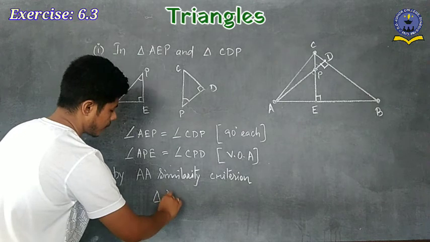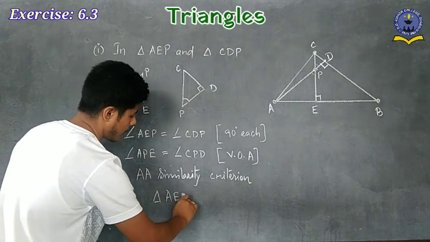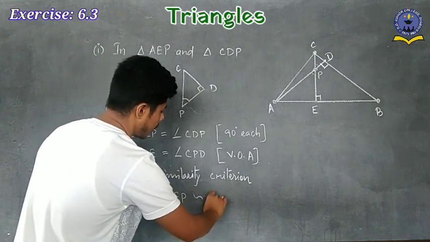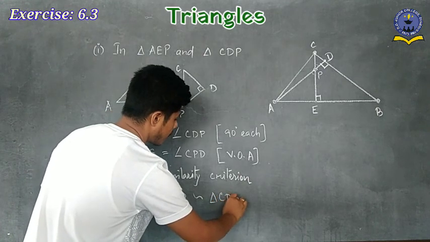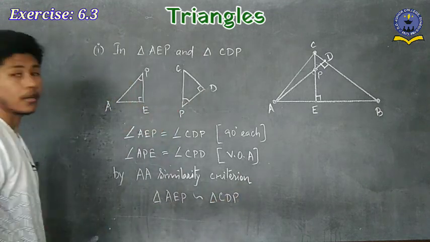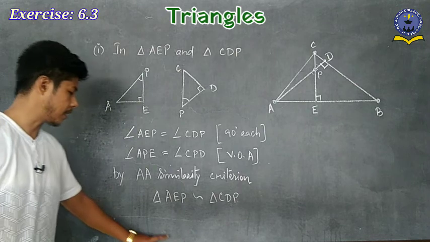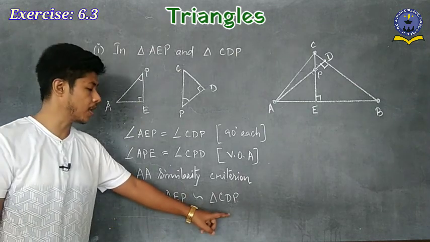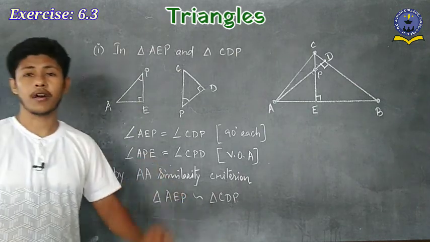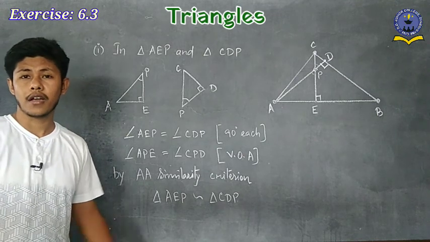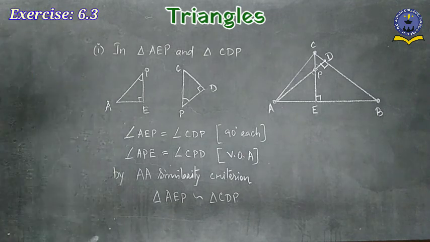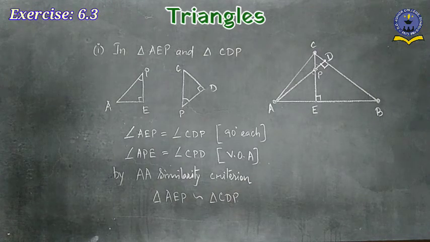So we write triangle AEP is similar to triangle CDP. This is our first answer. Is it clear? I think it is a very easy and simple question. In this way we can easily solve this type of question.